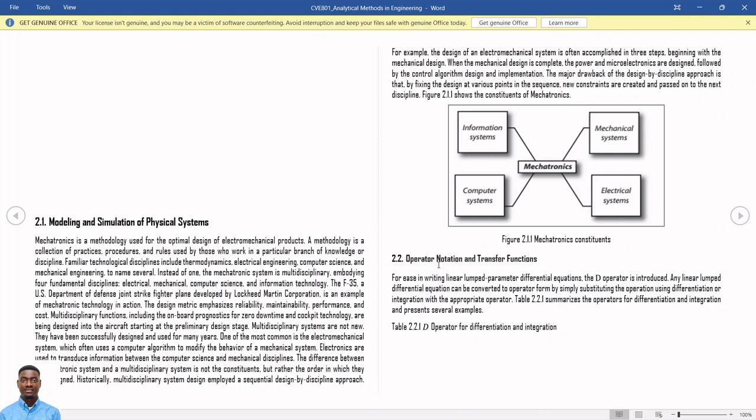I have here that for ease in writing linear lumped parameter differential equations, the D operator is introduced. Any linear differential equation can be converted to operator form by simply substituting the operations, differentiation or integration, with the appropriate operator.